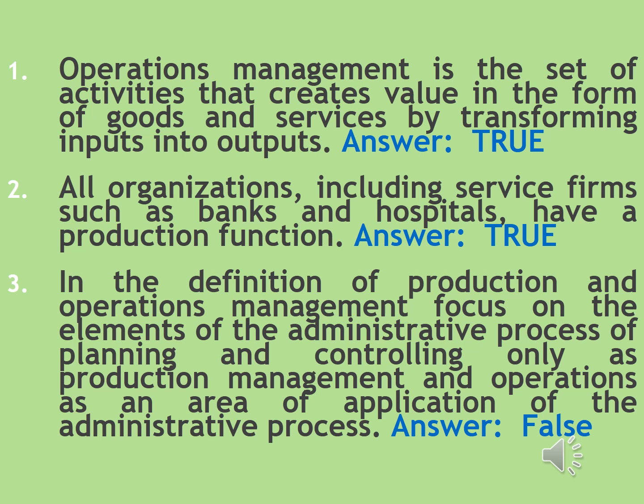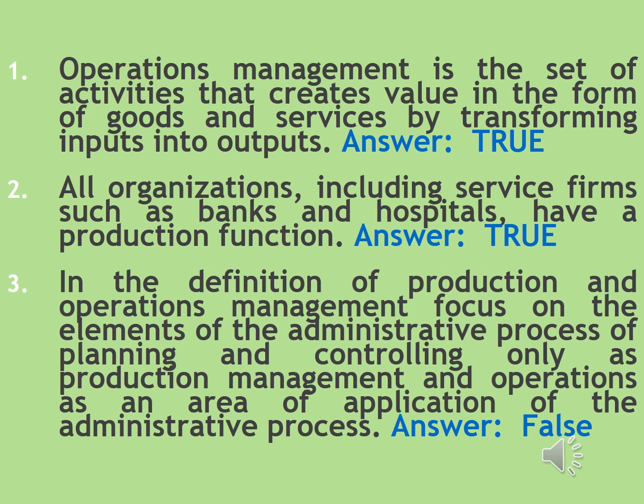Number three: the definition of production and operation management focuses on the element of the administrative process of planning and controlling only, as production management and operation as an area of application of the administrative process. So the answer is false.